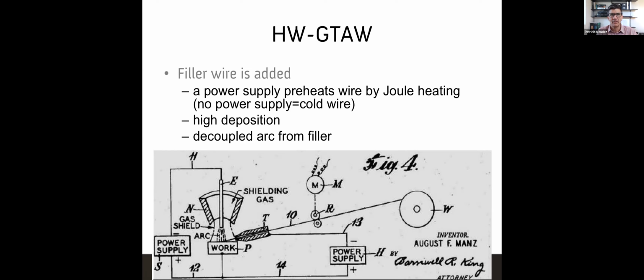If I'm doing TIG and I want to add filler metal, I need to melt this filler metal, and it's not easy to melt. So I need to put extra heat until it melts. That is slow and that is hot. By the time a droplet of wire comes into the weld pool, I have put already too much heat in the weld pool and in the wire.